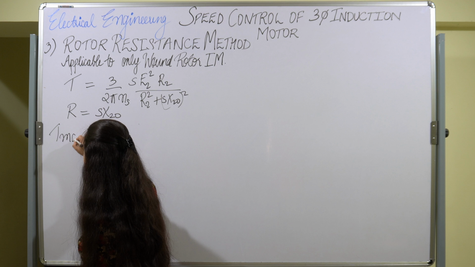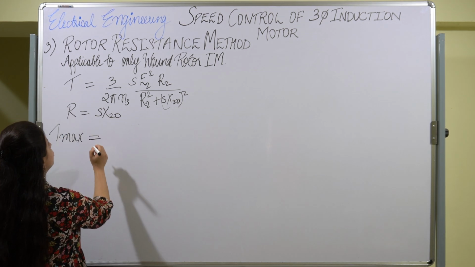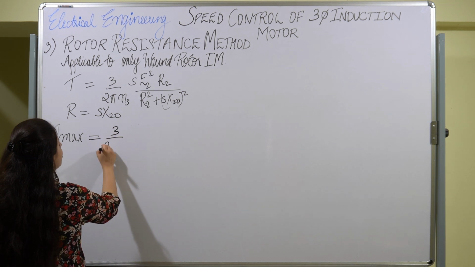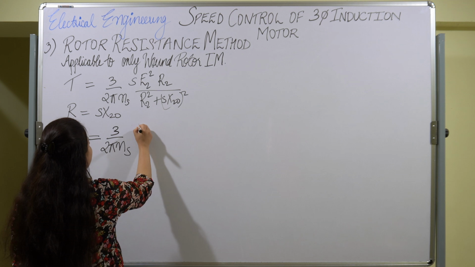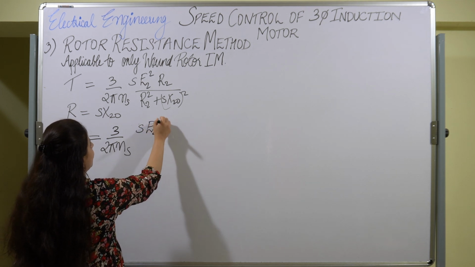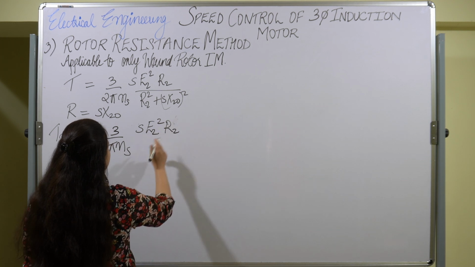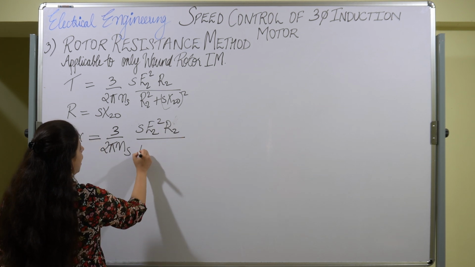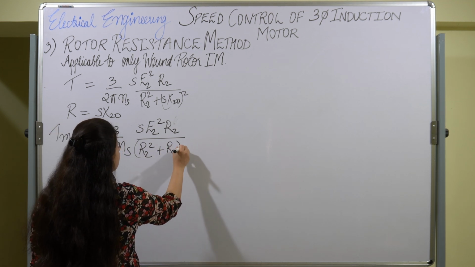So my maximum torque is given by Tmax = 3/(2π ns) × s E2² R2/(R2² + R2²).